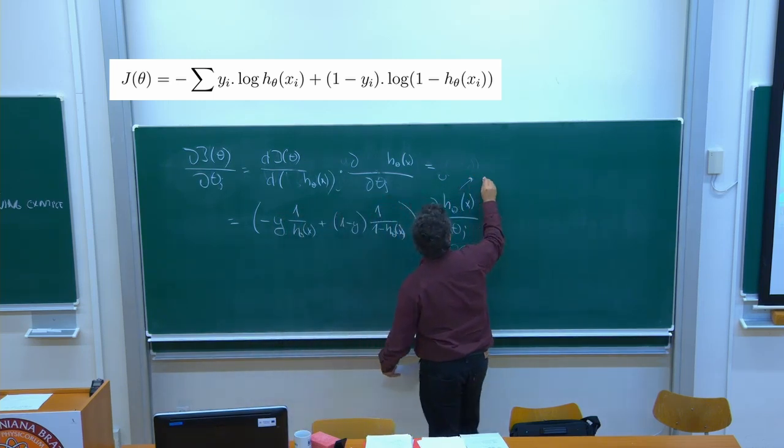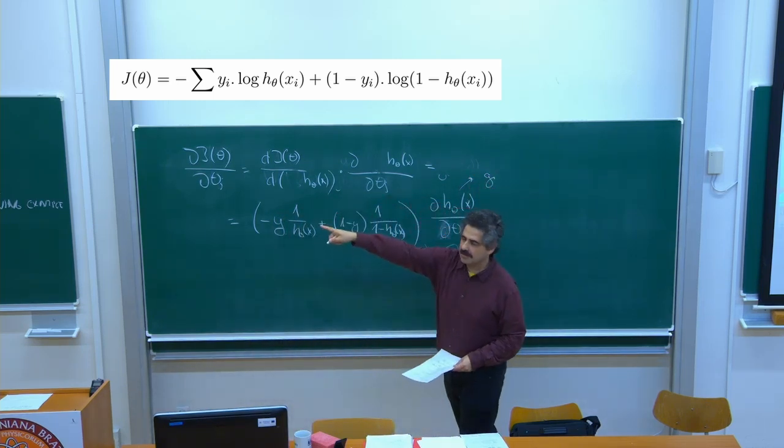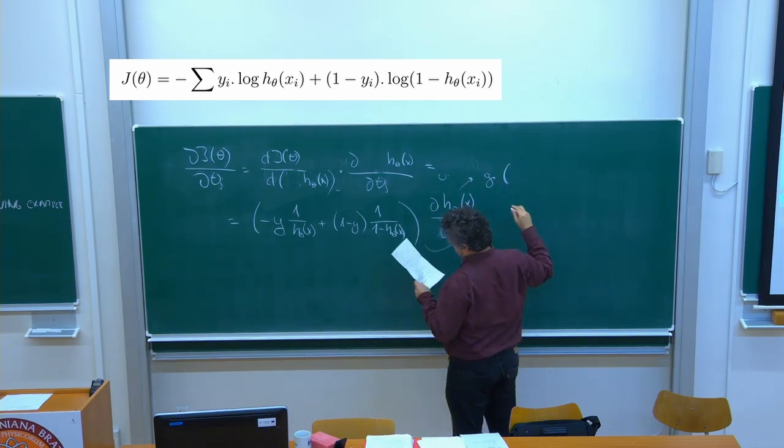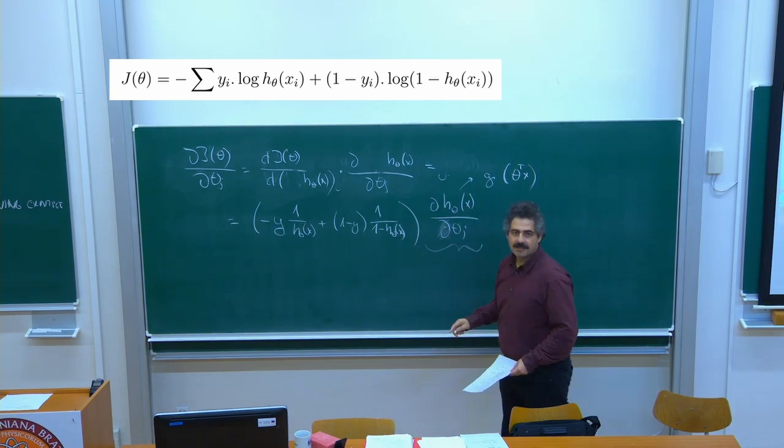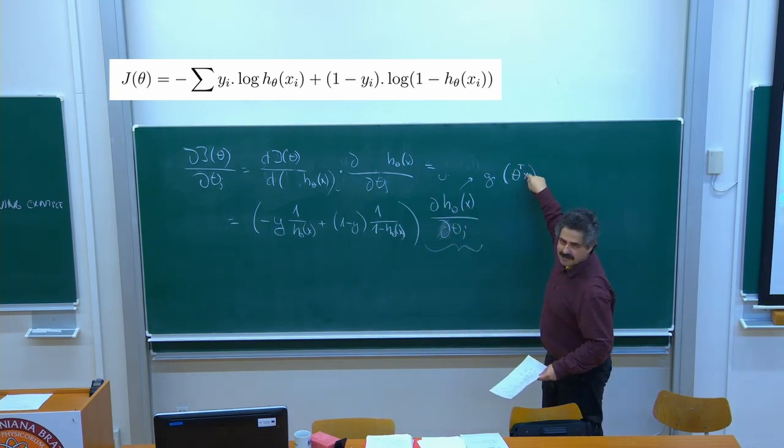So this thing is basically g of theta transpose x, right? This is scalar multiplication, this is basically a linear combination, and this is just the application of the sigmoid function.